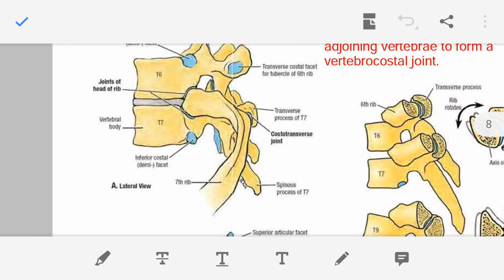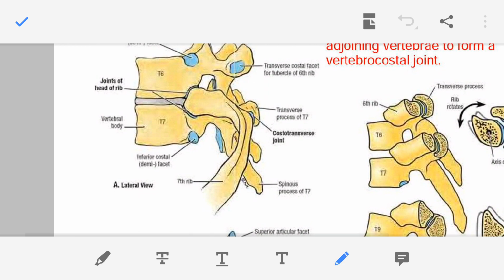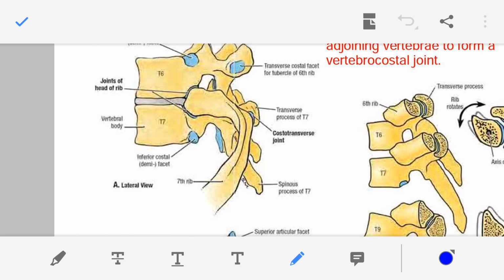So here in this figure, right now I am showing the superior articular facet of the 7th rib. Right now I am showing you the inferior articular facet of the 7th rib. Right now I am showing you the inferior demifacet of T6.